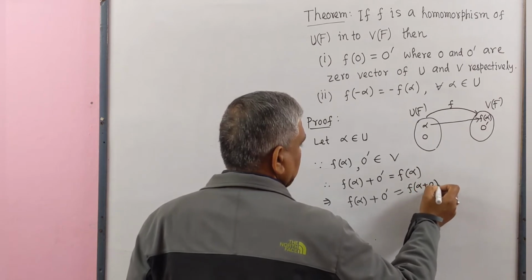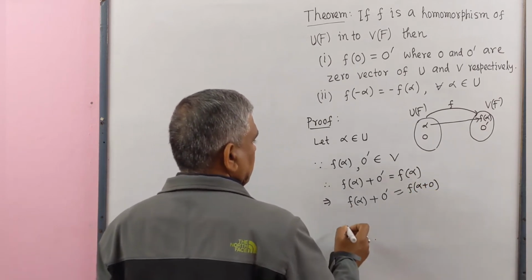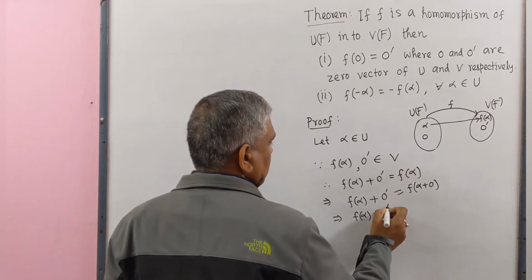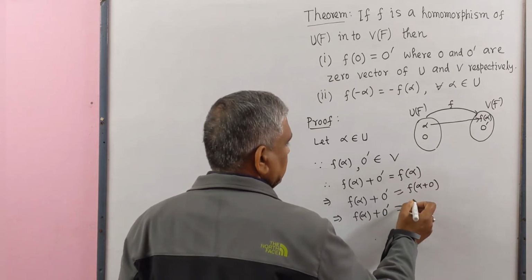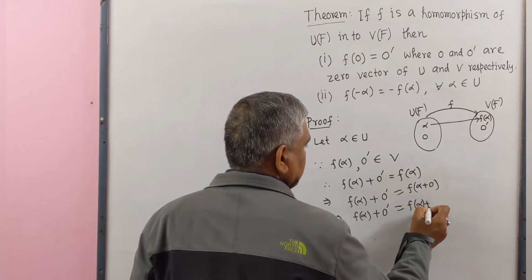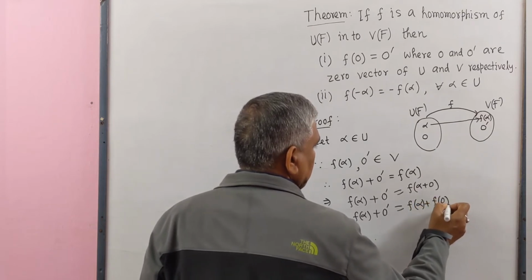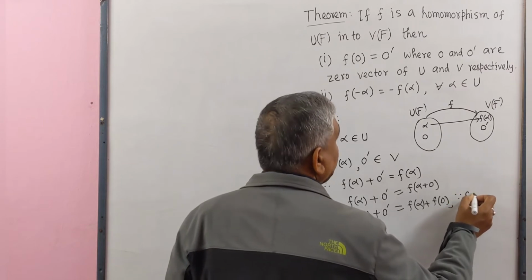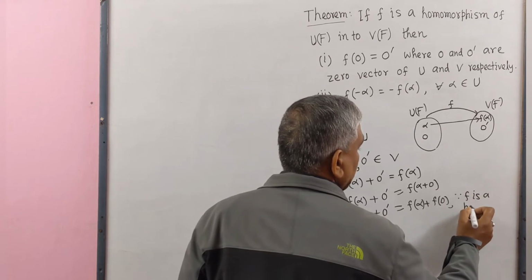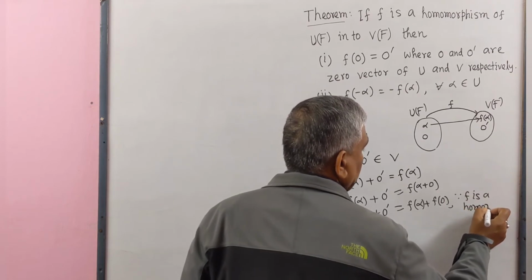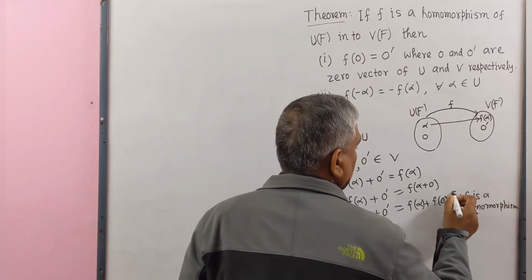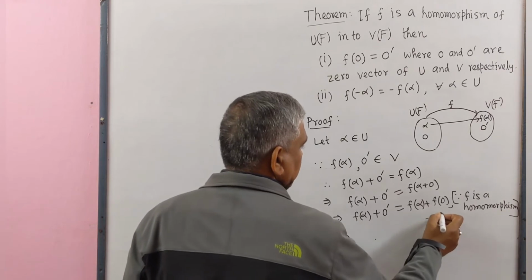This implies that F(alpha) plus 0 prime equals F(alpha) plus F(0), since F is a homomorphism. Let this be number 1.